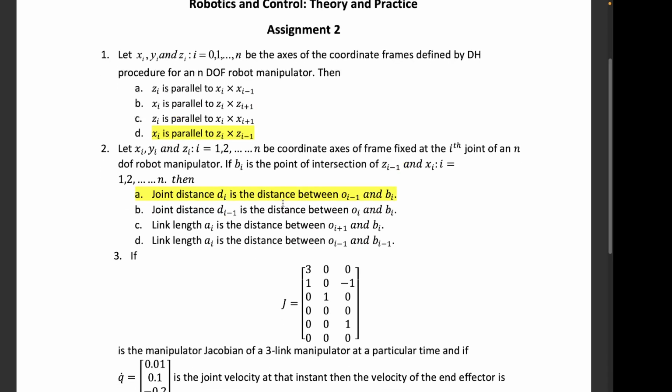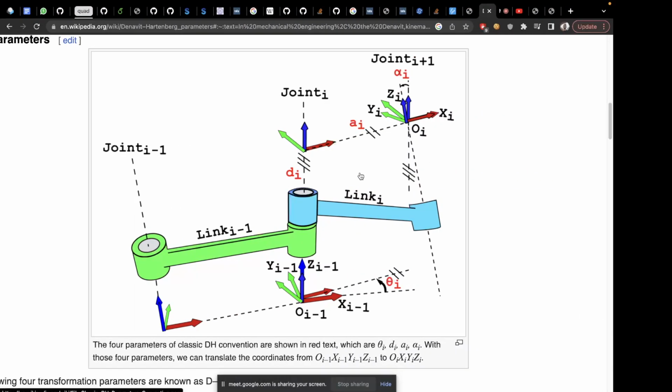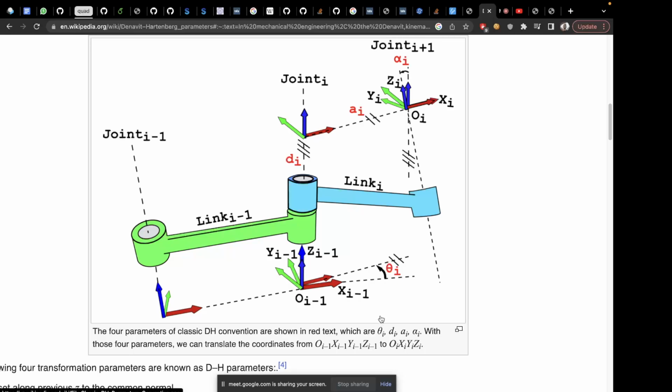Now again, let's move ahead in this diagram. We have four parameters here. Theta i is the joint angle, which is basically the angle between Xi minus 1 and Xi, about Zi minus 1. So theta is called the joint angle. di is the joint distance.